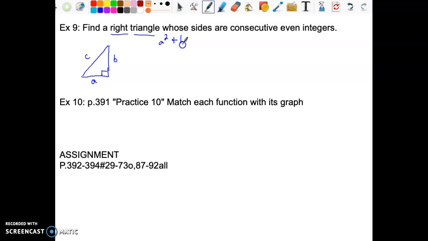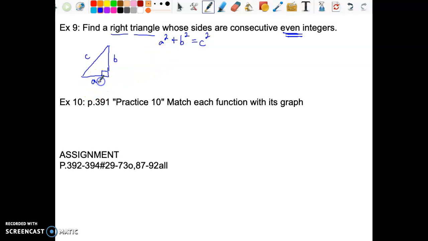The difference, though, is that there are consecutive integers. So, even integers. I guess I should have mentioned that. So there's at least one answer that works. And the reason why we have to consider the even integers might help us.